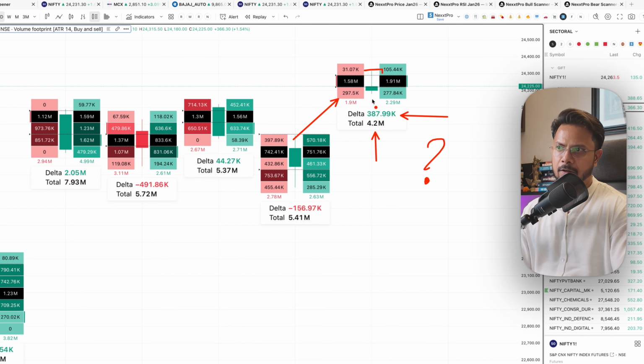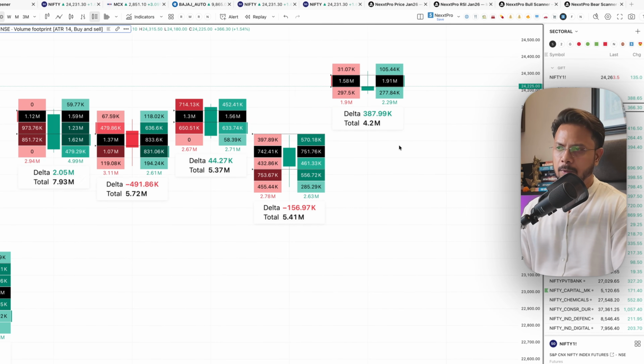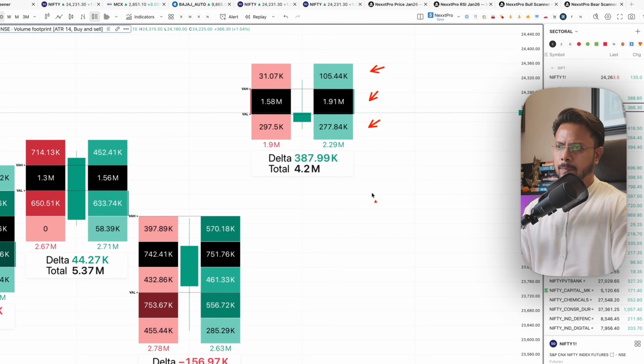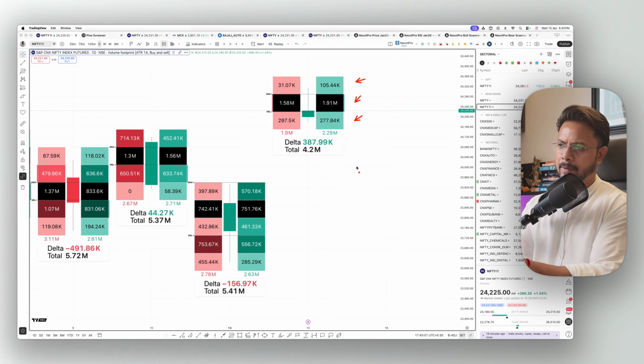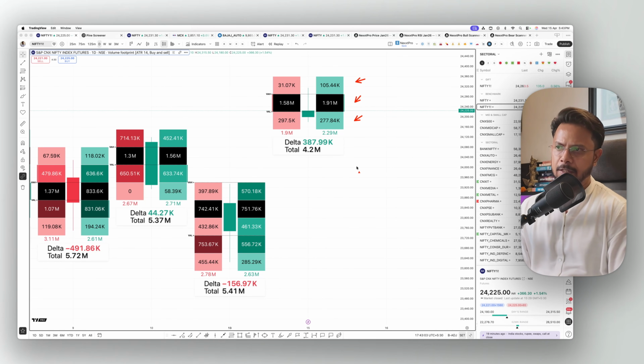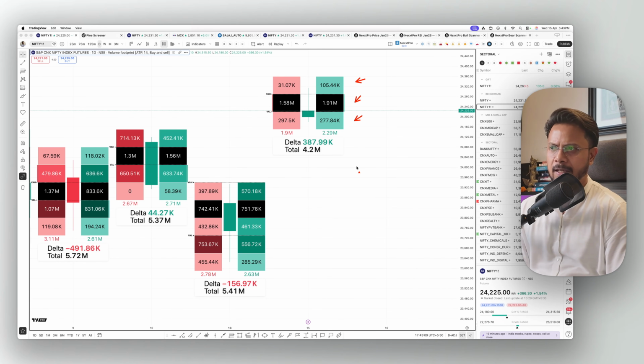And in this entire range, where and how much volume played out, you can see over here. This is what the volume footprint's default settings are trying to tell us. I really don't see any particular value in this, to be honest.